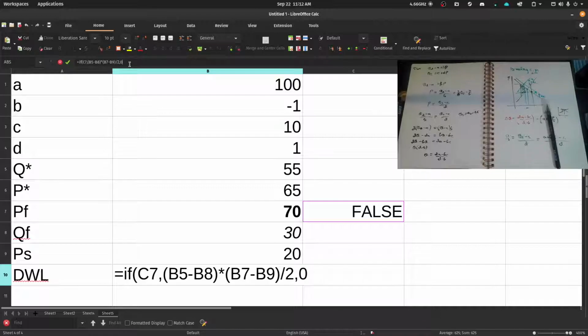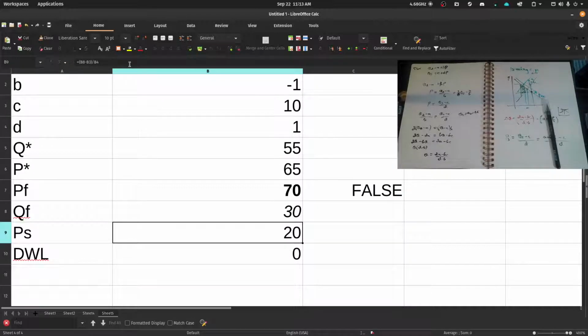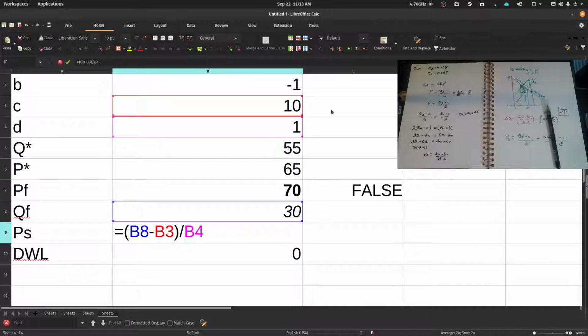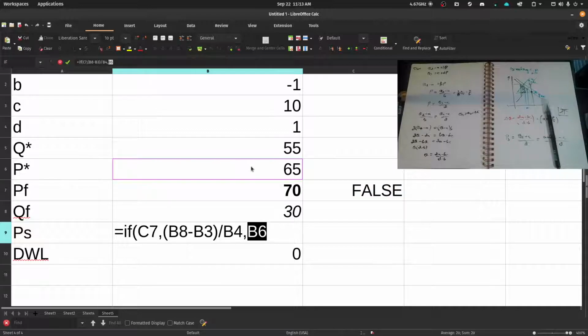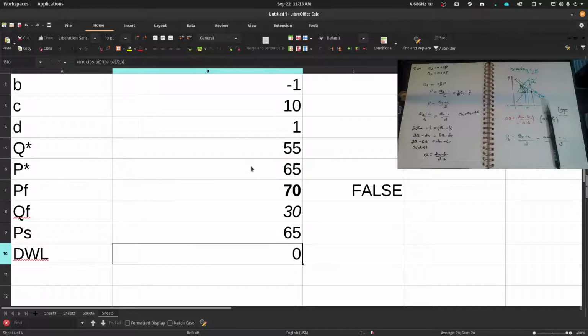Otherwise, it's going to be 0. And this, likewise, we can say equals, if we have a binding price floor, then this is going to be the price that's supplied.